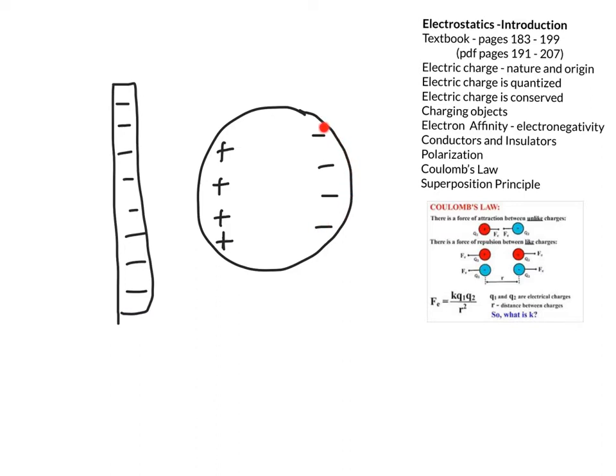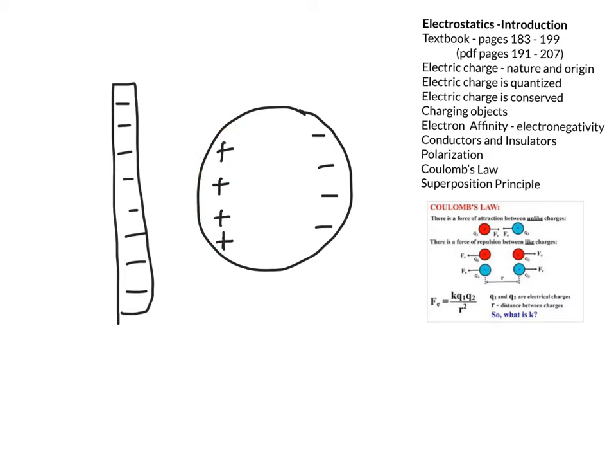They move to the far side of the aluminum sphere. Actually, in lab, we do this with a soda can, which is made out of aluminum. And on its side, we can actually do this, and the electrons go over here, and that leaves a net positive charge on the front side.